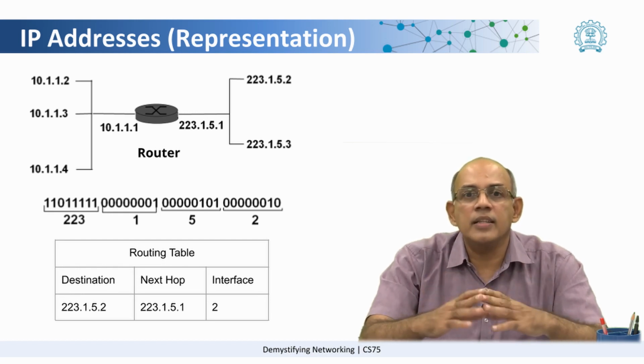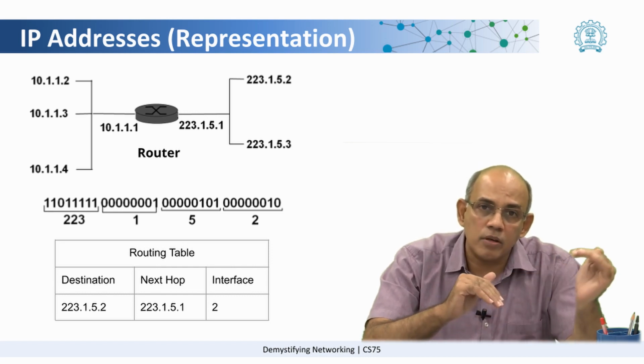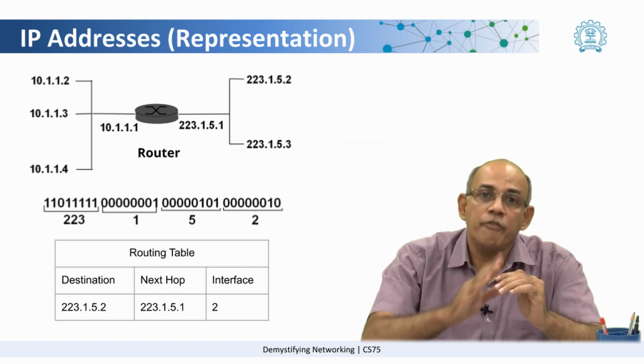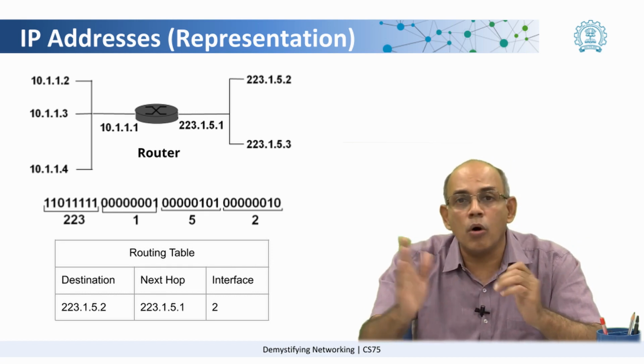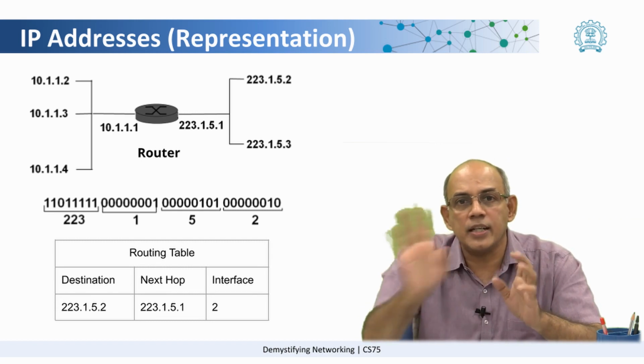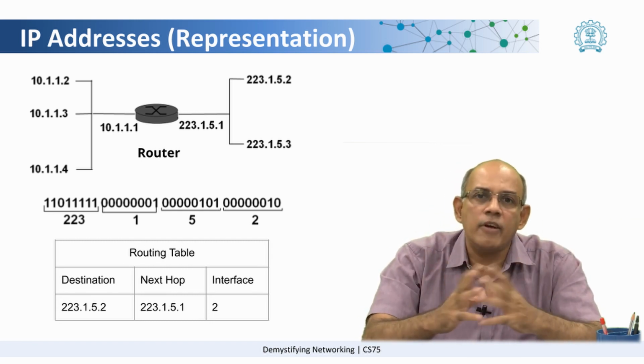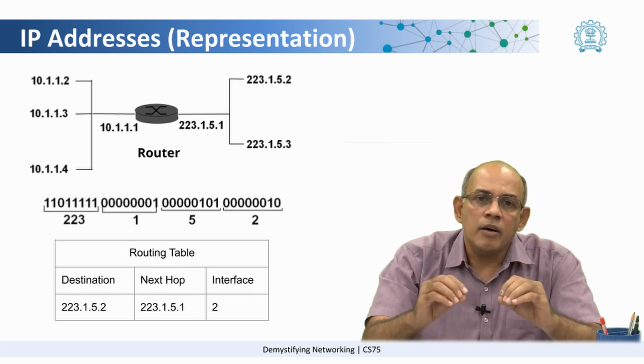In the router, there will be a table which will say that, okay, if a packet comes on this line with this IP address and wants to go out to that IP address, then it has to be sent out on that line. Okay, so this is a very conceptual level of explanation.